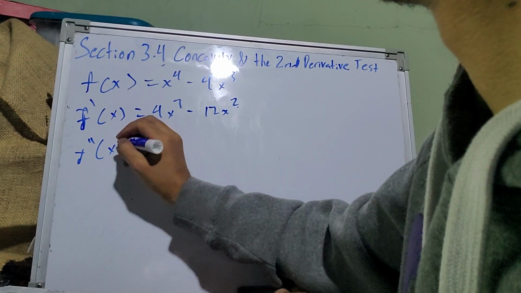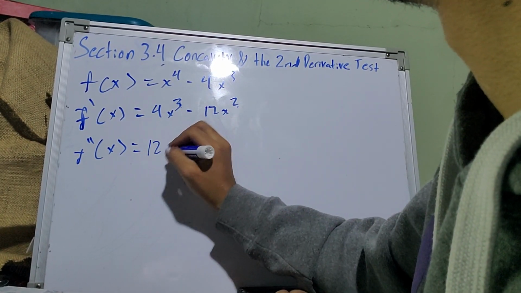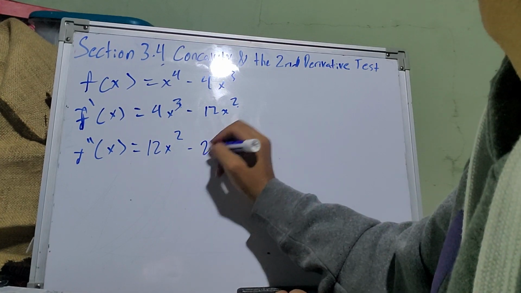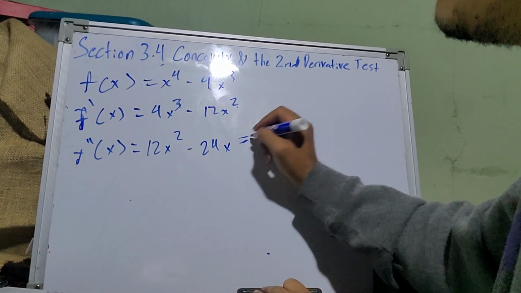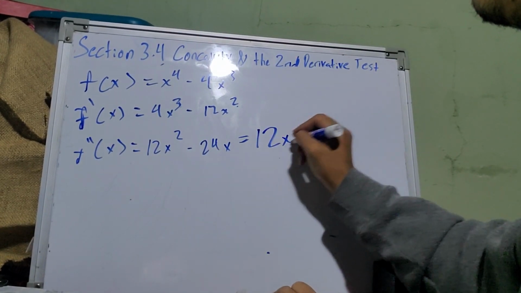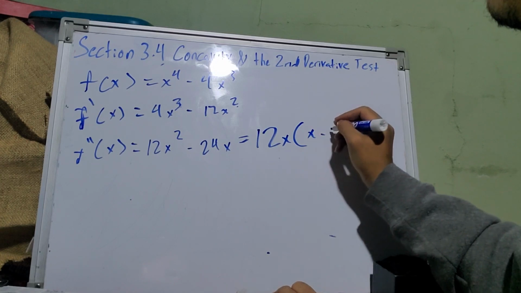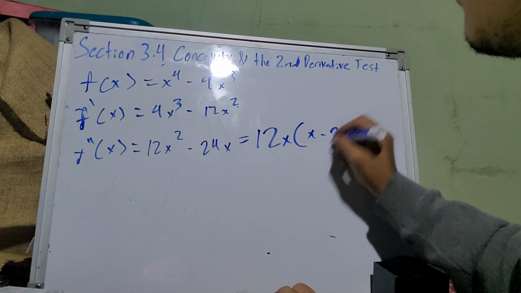Second derivative is equal to 12x squared minus 24x, which we can simplify into 12x times x minus 2.